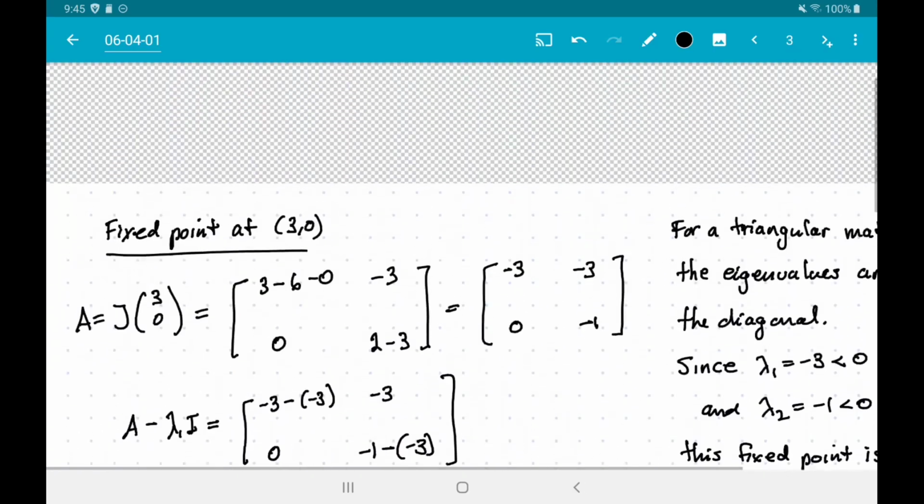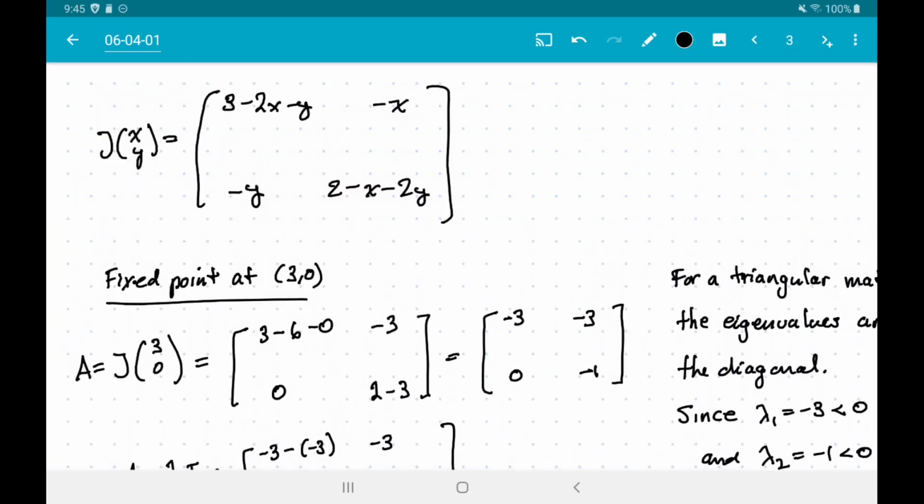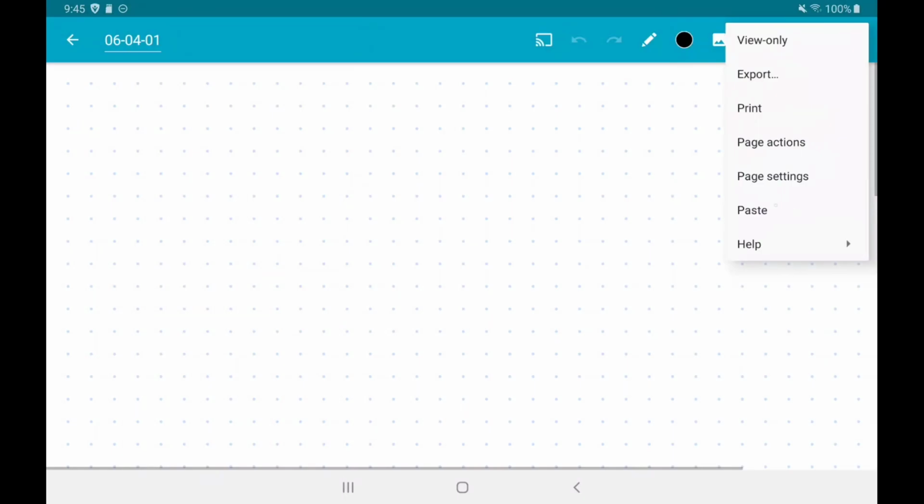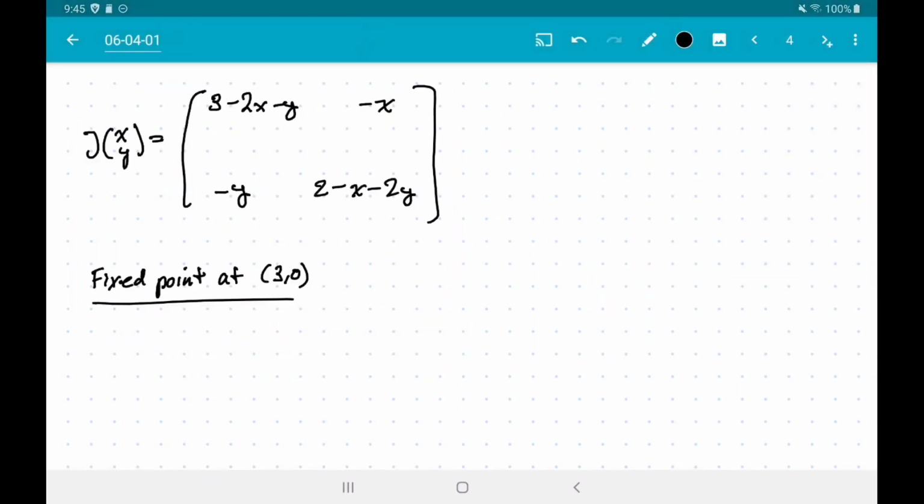We've got one fixed point left, which is at 0, 2. So let me copy this, go on to the next page, and paste. All right, here we go at 0, 2. We will let A be the Jacobian at 0, 2.